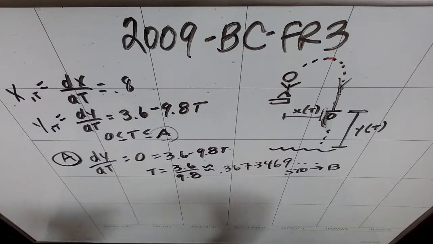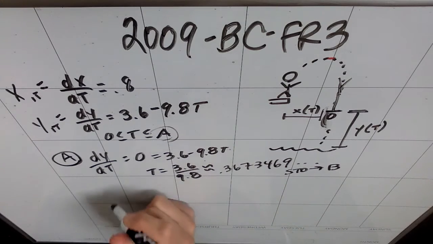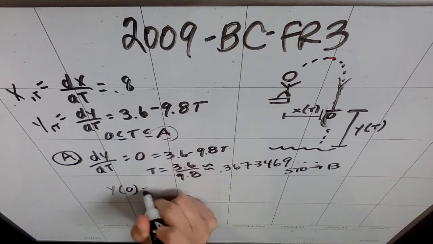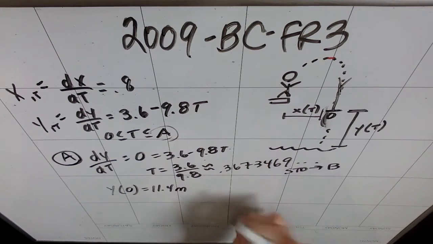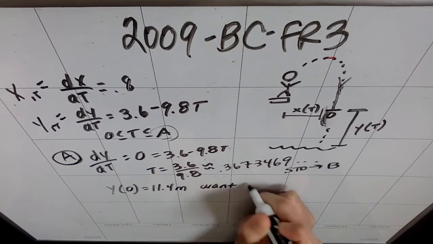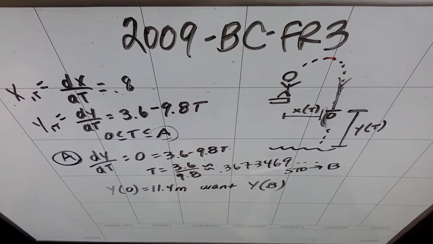So if I want the maximum distance, I know that y of 0 was 11.4 meters, right? And I seem to want y of that thing I called b. Well, in order to find that, I'm just going to use the first fundamental theorem of calculus.